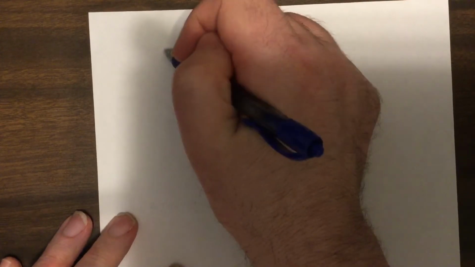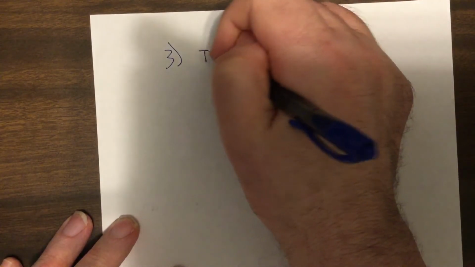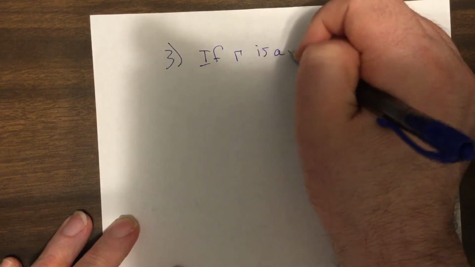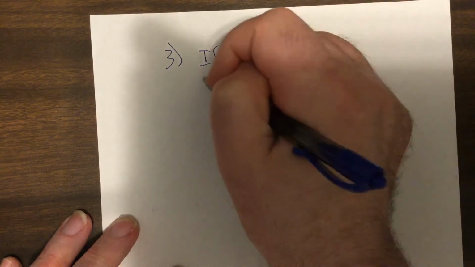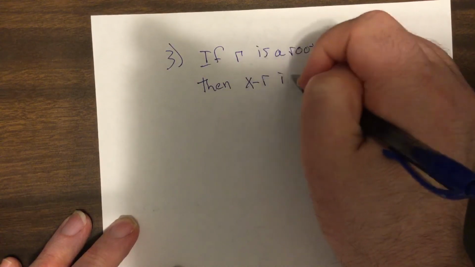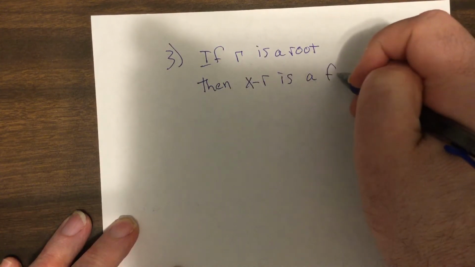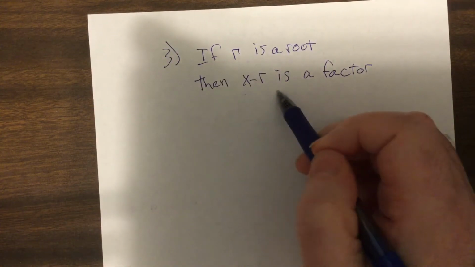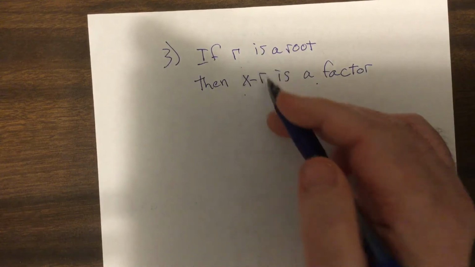Okay, the third rule. If r is an answer, or is a root, then x minus r is a factor. Or vice versa: if x minus r is a factor, then r is an answer.